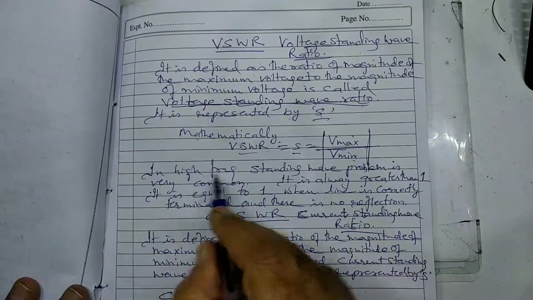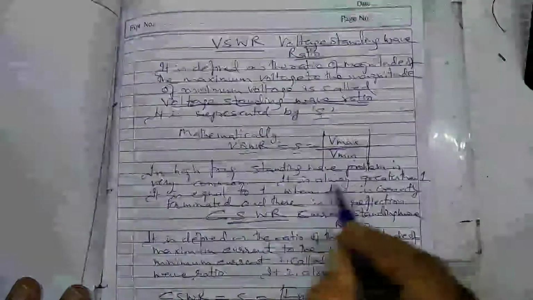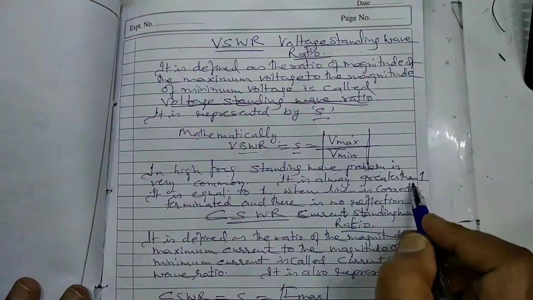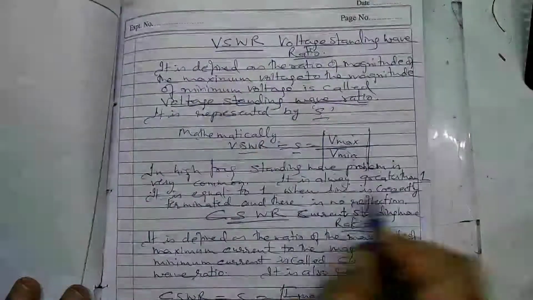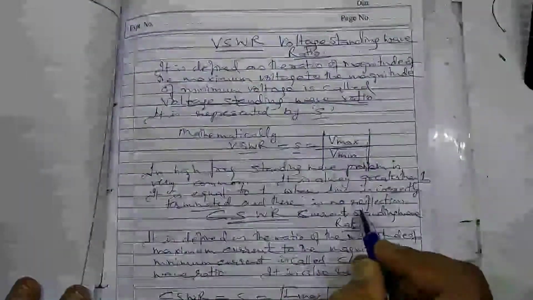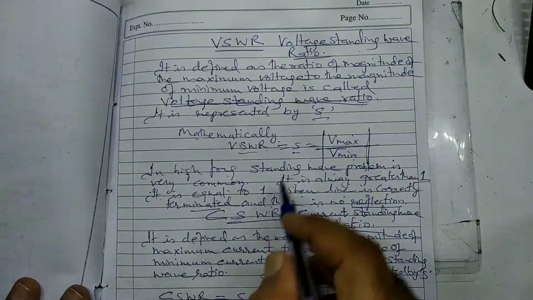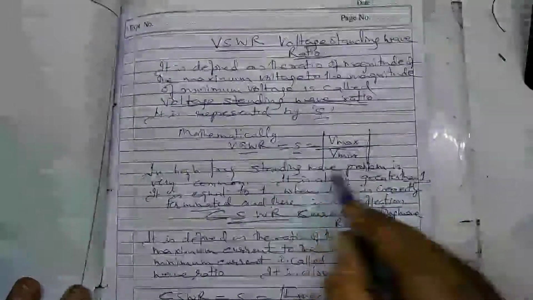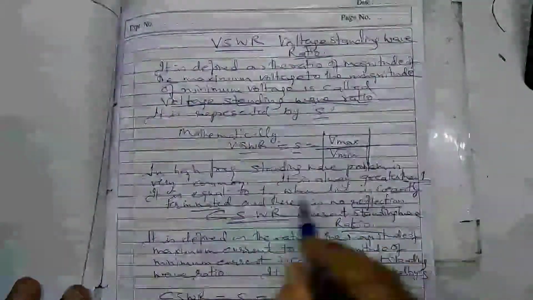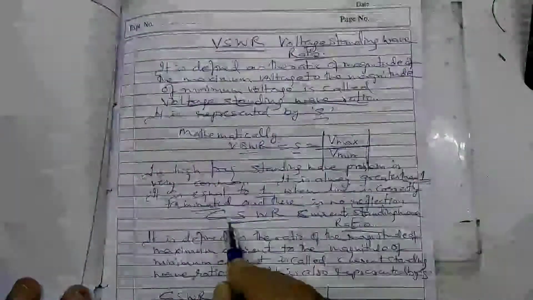In high frequency, the standing wave problem is very common. It is always greater than 1. It is equal to 1 when the line is correctly terminated and there is no reflection. So for reflection, the value of S is greater than 1, and when there is no reflection, then it is equal to 1.